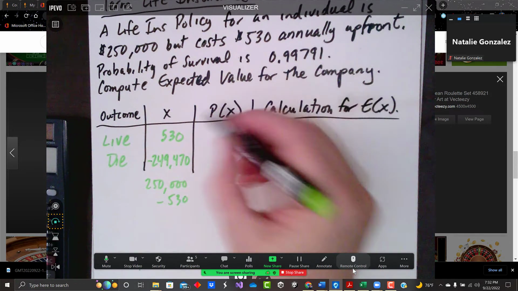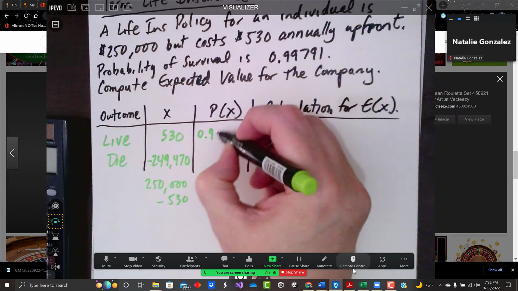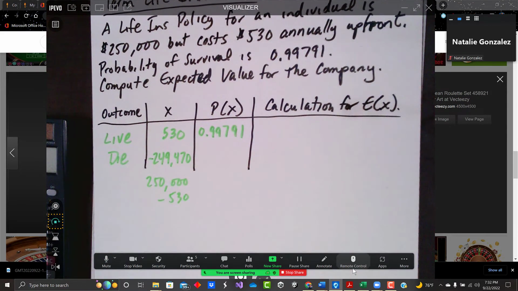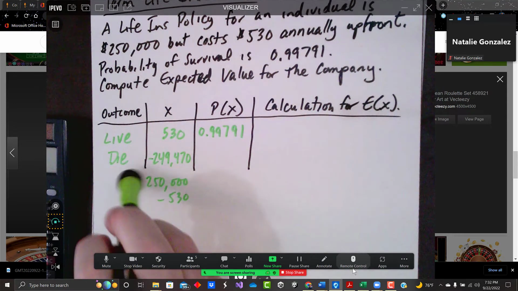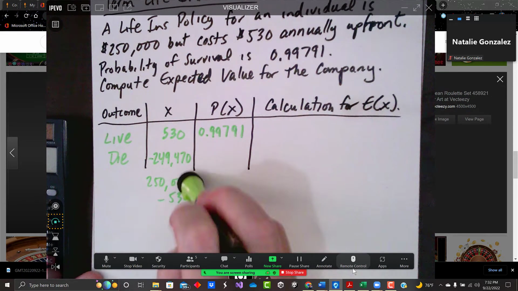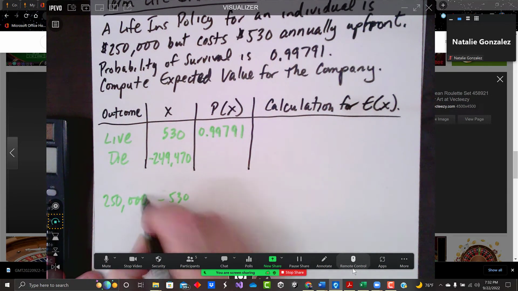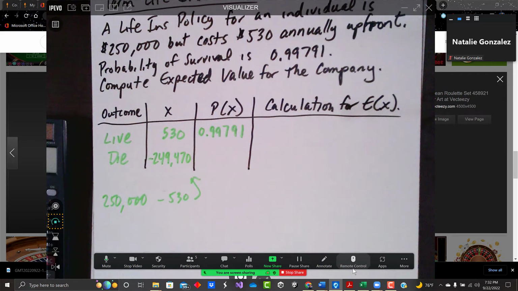Probability of survival is given. How can I figure out what the probability of dying is? Could you subtract 0.99791 from 1?